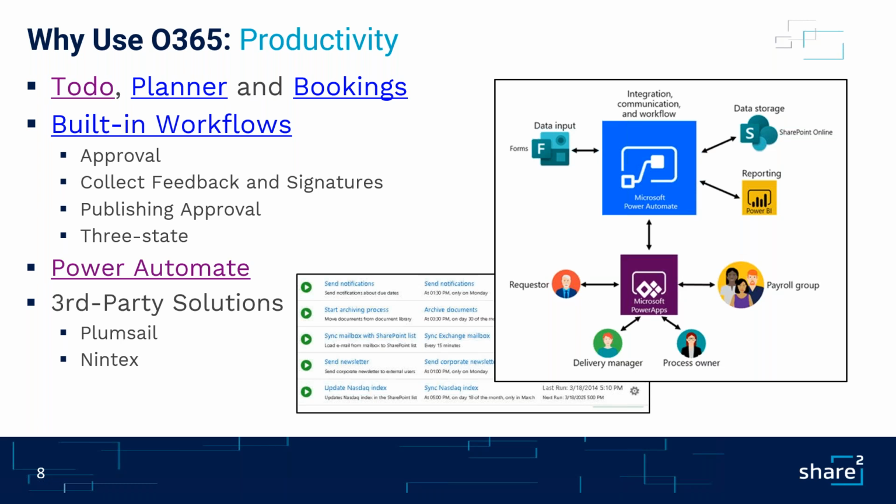This probably shouldn't be here really, because we're really talking about Office 365 out of the box, but we do from time to time pull in a product called PlumSail. We started using it because they have a public-facing electronic form, which is very interesting for government agencies or anyone who's trying to collect information from the anonymous web user versus an authenticated user in Office 365.